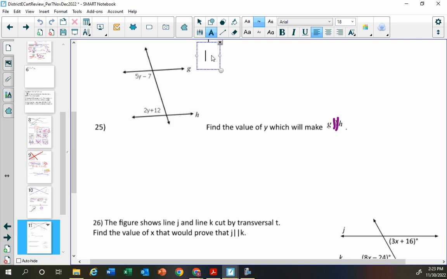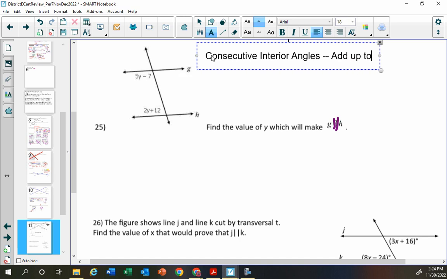Okay. That pass has to be written. Okay, 25. I think somebody said it. Consecutive interiors, very good. These are consecutive interiors. Yes, these are consecutive interior angles.